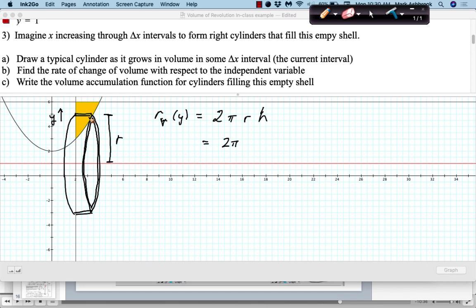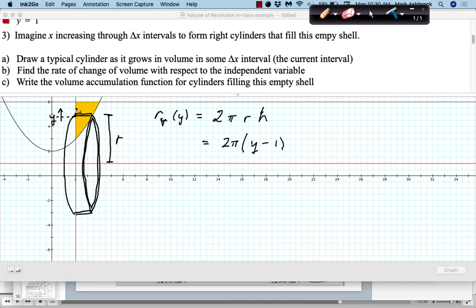Y final is? It's just simply the y-coordinate, right? We said y is increasing through delta y intervals, so there's some current value of y. That's what y final for this radius is. It's y. But that's not the radius. The radius would be y minus 1.